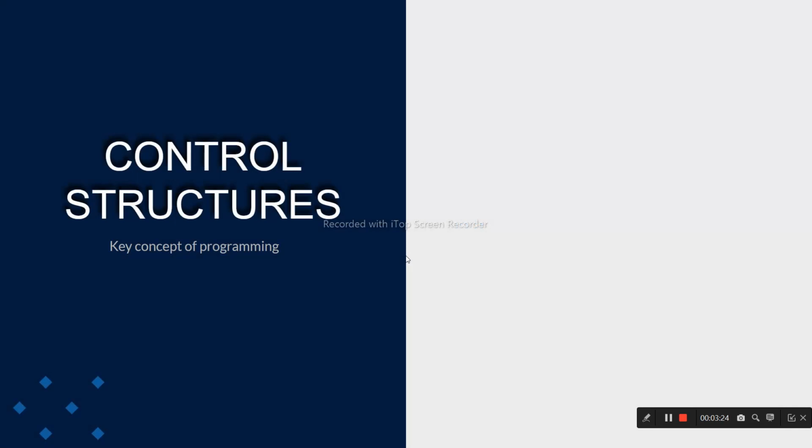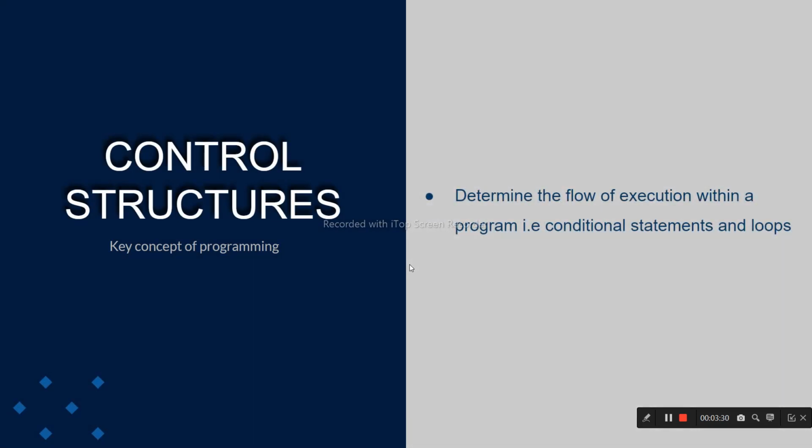The third concept we're going to discuss here is control structure. Control structure is used to determine the flow of execution within a program. So you write a piece of code and you want, let's say, a user to key in his name before they're able to log in to the program. So what do you use? You use what you call control structure.